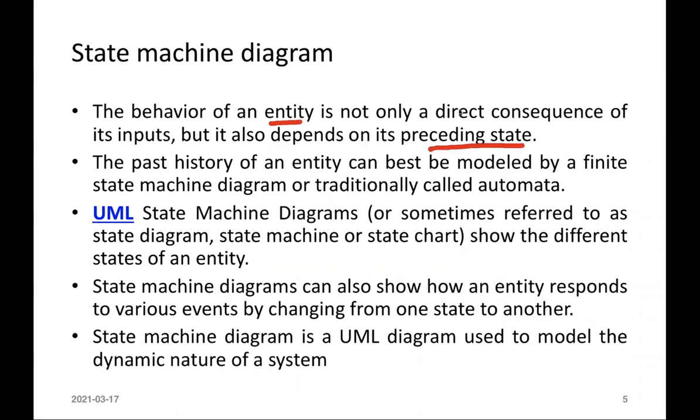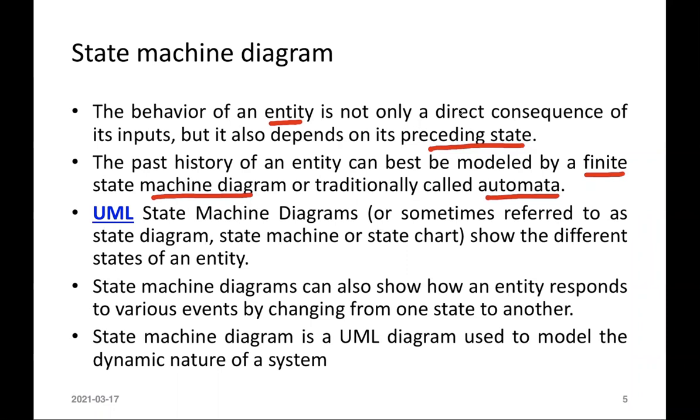So entities will alternate between different states. States are mainly related to the past history of an entity, which can best be modeled based on state diagrams. Commonly, we use what we call a finite state machine diagram, or traditionally it was called an automaton.